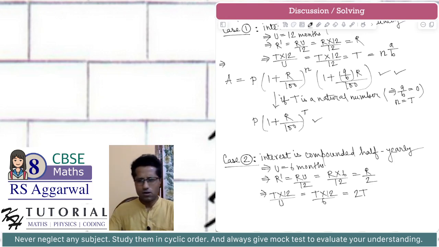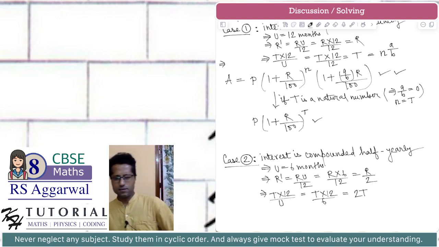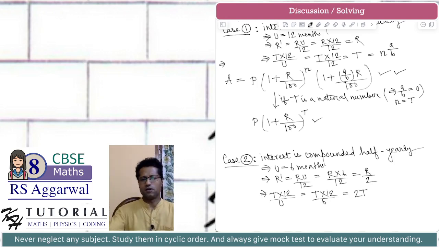Now, if you are too confused with the fractional part a by b, let's consider that the value of t is always given as a natural number.